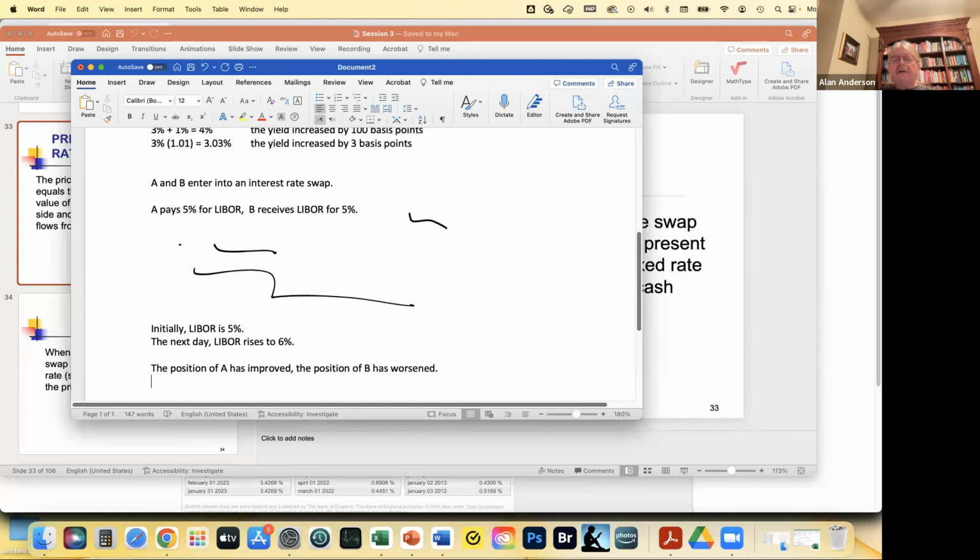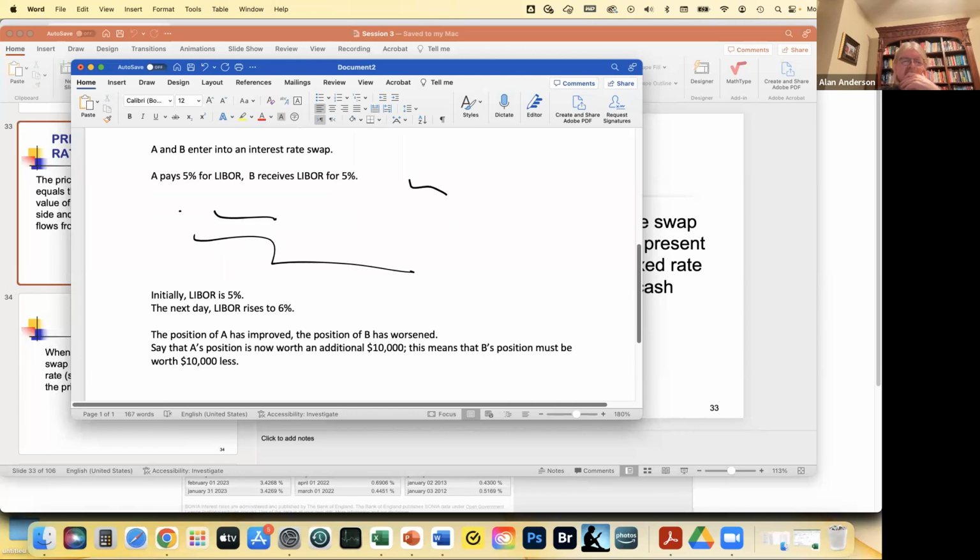Whatever the dollar amount is, let's say A's position is now worth an additional $10,000. This means that B's position must be worth $10,000 less. So they have to gain or lose the same amount. No matter what happens to the interest rate, one side has to gain, the other has to lose the same amount.